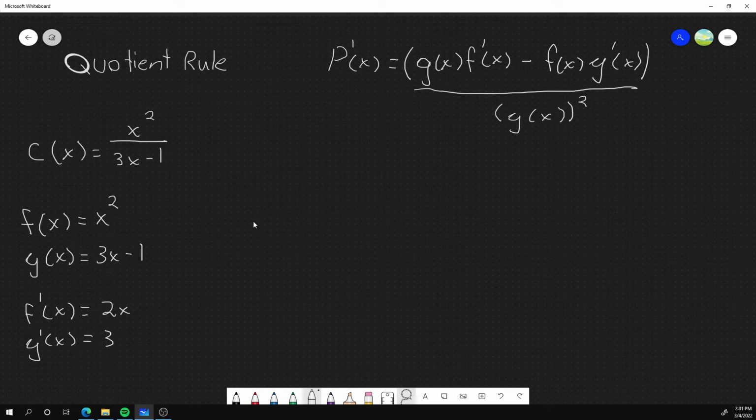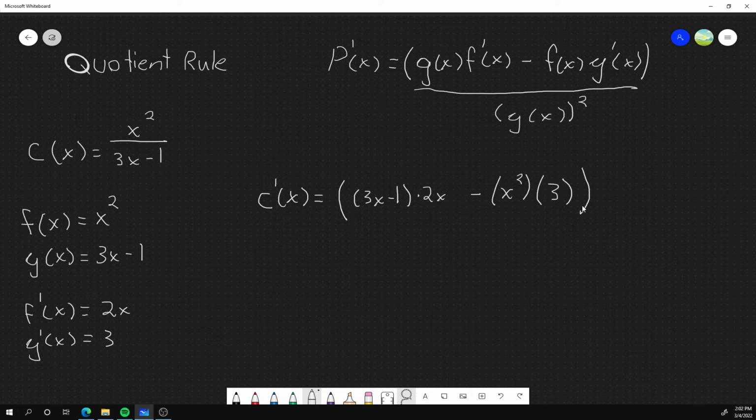Now we have all the information we need to construct the non-simplified version of our derivative. So c prime of x is going to equal g of x, which is 3x minus 1, times f prime of x, which is 2x, and then minus f of x, which is x squared, with brackets around it, times g prime of x, which is just 3.